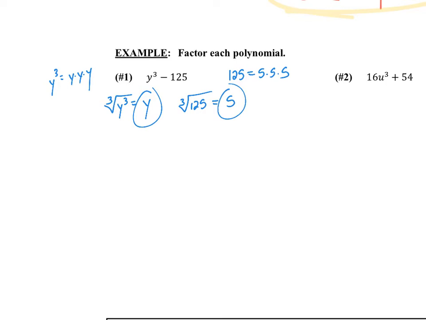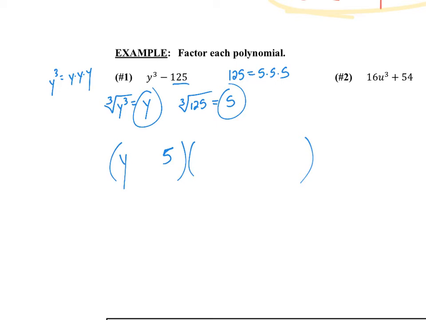We get y and we get 5. So I like to think of it as set up your parentheses, fill in the parentheses and then put the symbols in. So in the first parenthesis you put the cube roots. So y will come first, 5 will come second. We have to be careful we put them in the right order, because the cube root of 125 should come second.